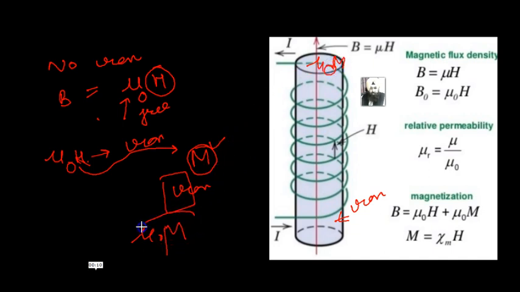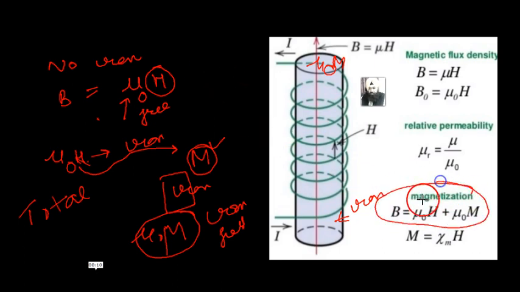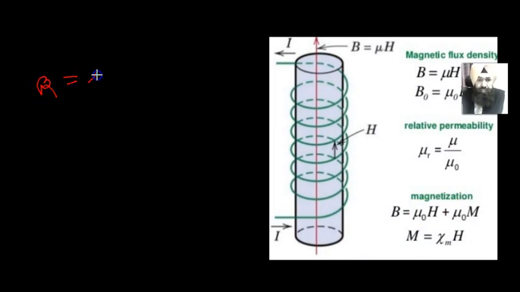Iron gets magnetized with magnetic field intensity M, but when that field comes in the free space, the field of iron becomes mu naught M. So the total field is mu naught H, which was magnetizing the iron, and iron itself produces the field in the free space, that is mu naught M. So this is the total.